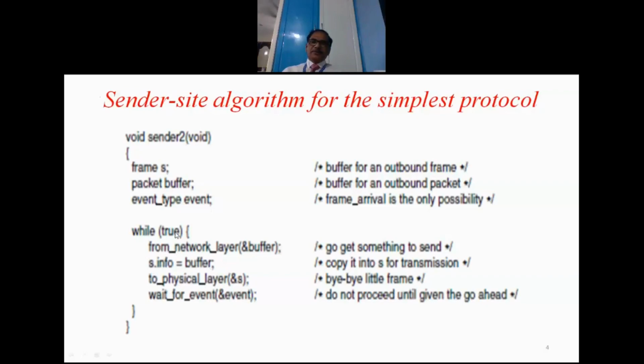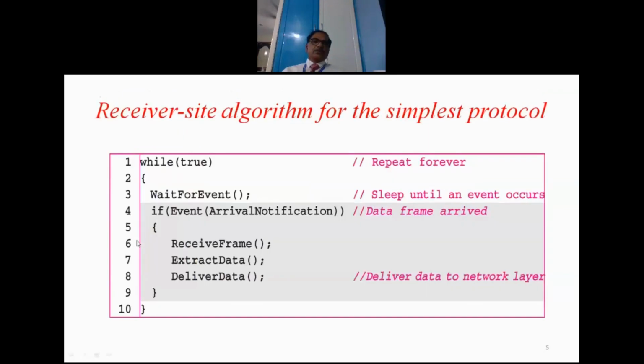The moment a request is there from the network layer, accept the information coming from the network layer, put it in the frame, and hand over the frame to the physical layer. So a simple task for the algorithm of the data link layer at the sender site. Now we'll see the simple algorithm that is used at the receiver's data link layer. In the receiver's data link layer, wait for event.